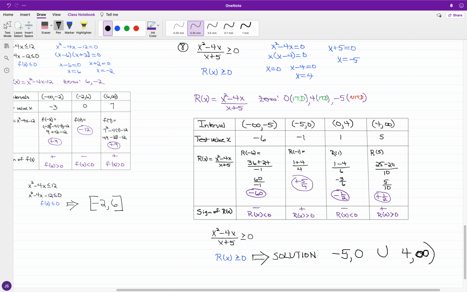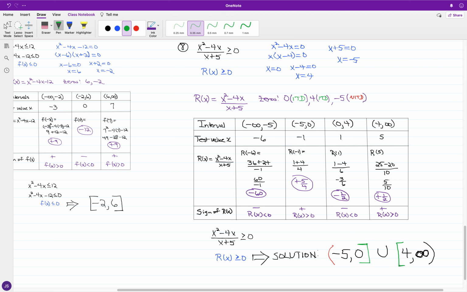For -5, that creates a zero denominator, so that is not in the domain. So -5 stays in the parentheses. For 0 and 4, those create the equal to 0 part, and so 0 and 4 are both in the domain. And so we can place a bracket around 0 as well as 4.